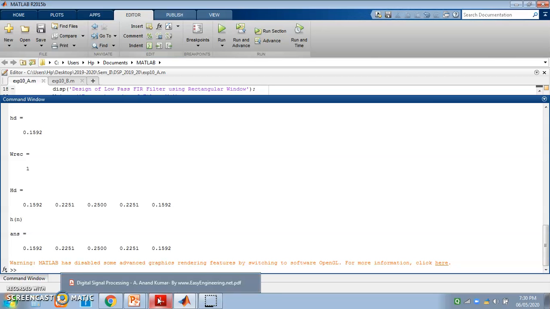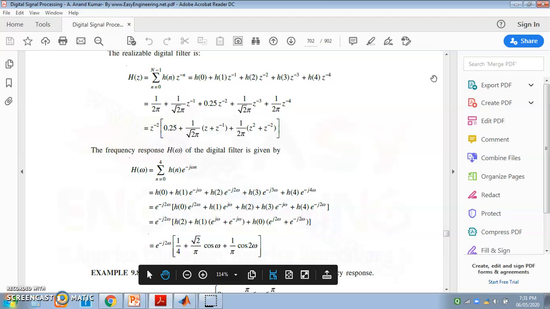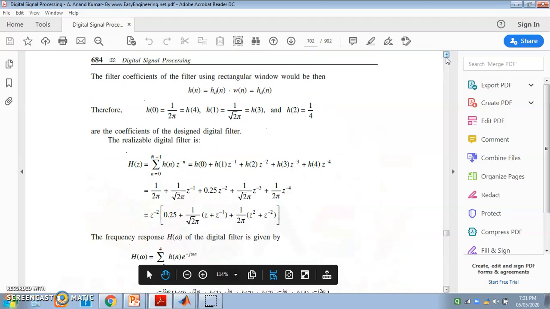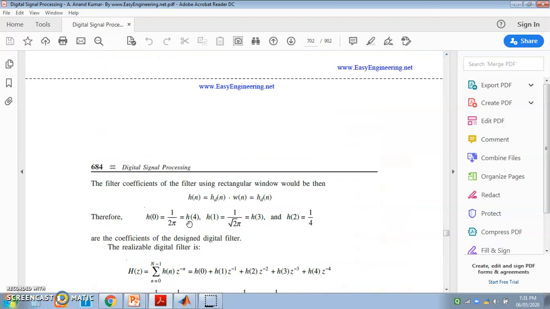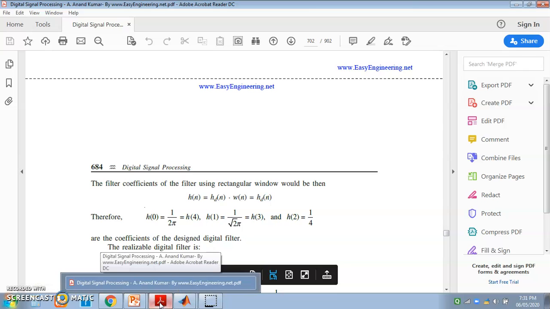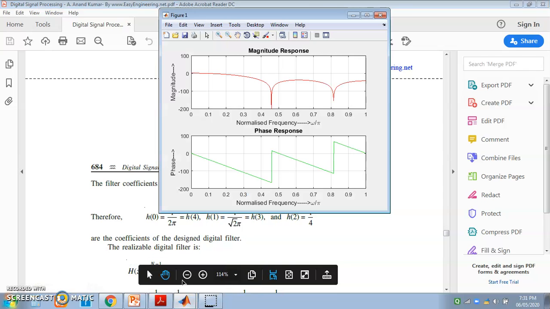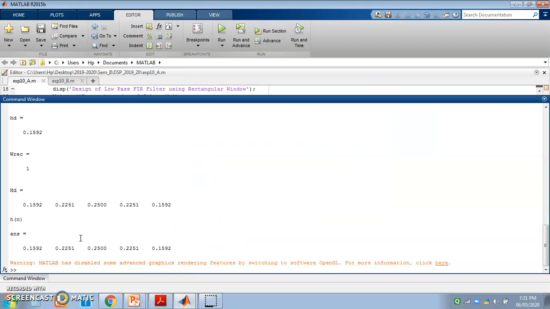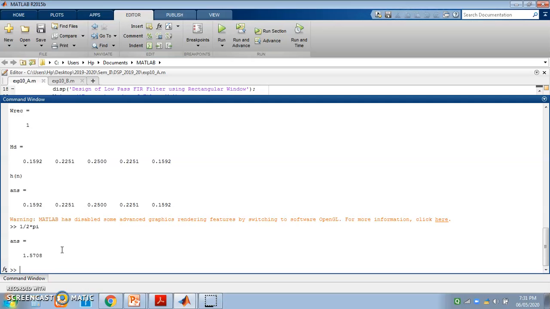So if we consider the values here, we notice h of 0 is equal to h of 4, which is equal to 1 upon 2 pi. That we can consider in MATLAB, 1 upon 2 times pi, and that value is 1.5708, so it is just a wrong one.